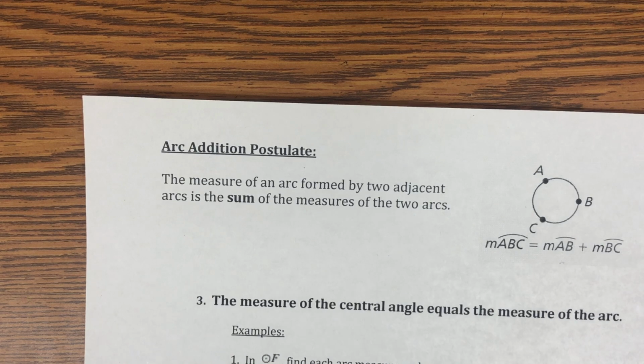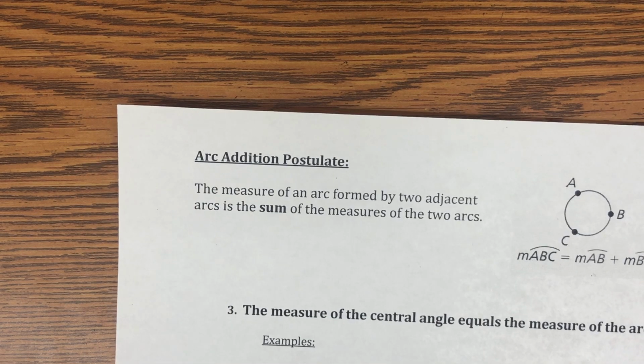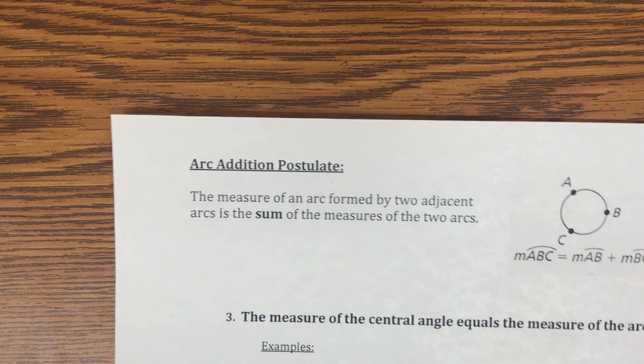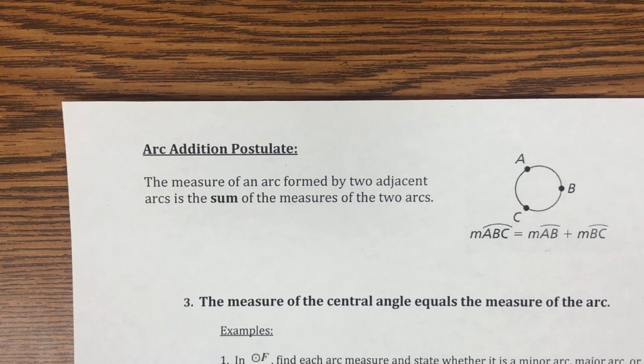Next example includes the arc addition postulate. Okay. With the arc addition postulate, a couple key things here. The measure of an arc formed by 2 adjacent arcs is the sum of the 2 arcs. Our next step asks us to find each arc measure and state whether it's a major, a minor, or a semicircle.